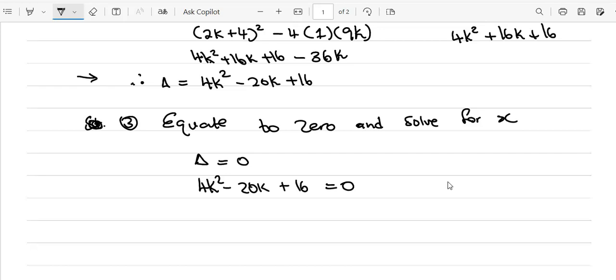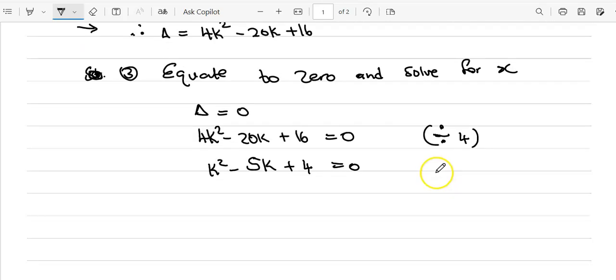The best way to do this is to divide everything by 4. So this will give us k squared minus 20 divided by 4, which is 5k, plus 16 divided by 4, which is 4, equal to 0. To solve for the value of k, we can factorize this. This is k, this is k. We need the factors of 4 that, when we multiply them, give us 4 and when we add them, give us 5.